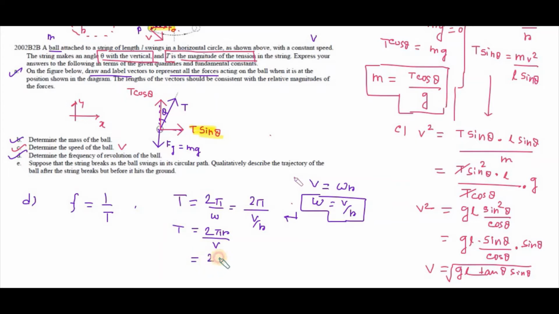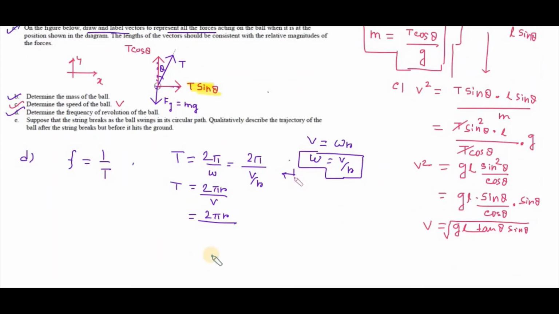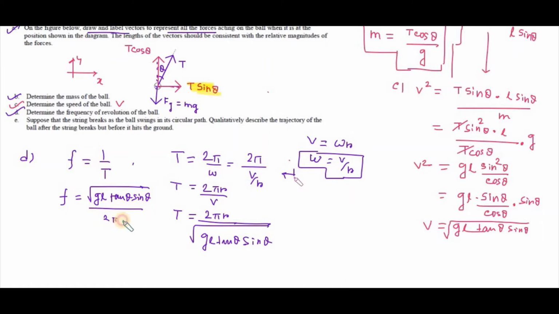Now let's put the v value into the equation. So that will be the square root of g into L into tan theta into sine theta. That's the expression of the time period, and if we take the reciprocal of the time period, square root of g into L into tan theta times sine theta upon 2 pi r, that is going to give the frequency of revolutions of the ball.